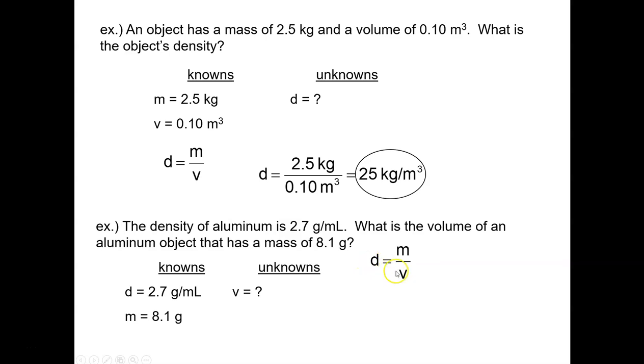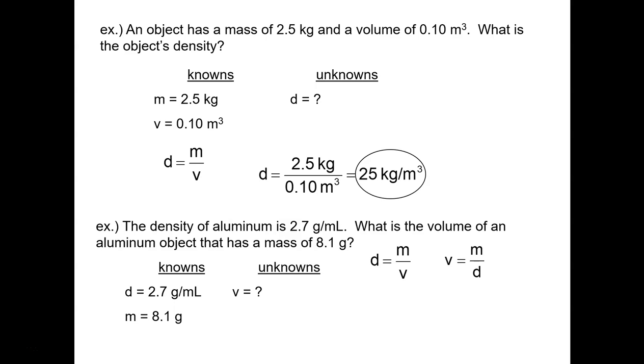So this time I'm going to have V on its own and D. By the way, if you know this little trick from algebra, V and D can simply be switched. If D is on the top on one side of the equal sign and V is on the bottom of the other side of the equal sign, you can simply switch those. So in other words, volume equals mass divided by density.